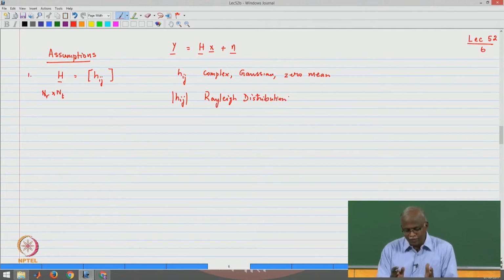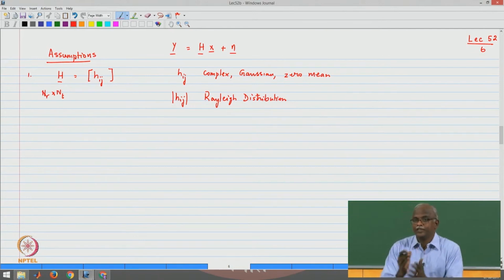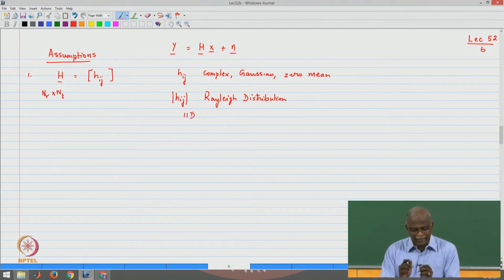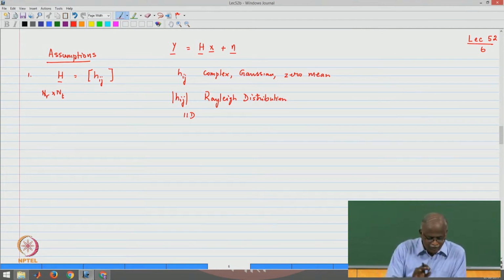Rayleigh distribution would mean that there is no line of sight component between the transmitter and receiver, but the received signal envelope has a Rayleigh distribution. And we also make the assumption that each of those channel gains are independent of each other. So, basically they are independent complex Gaussians with zero mean. So, that is the assumption about the channel matrix.